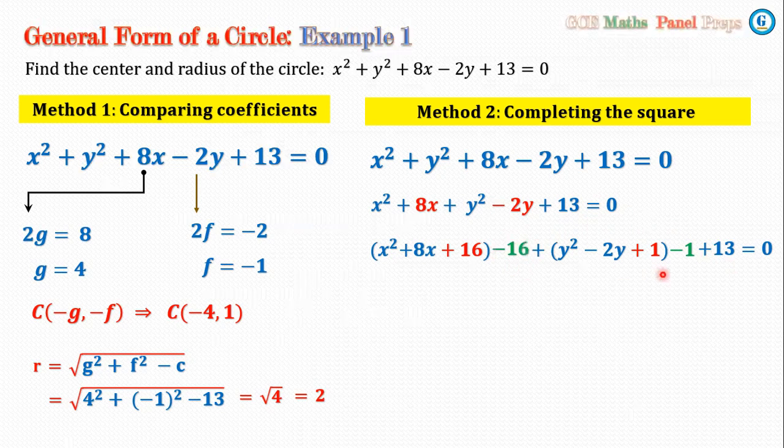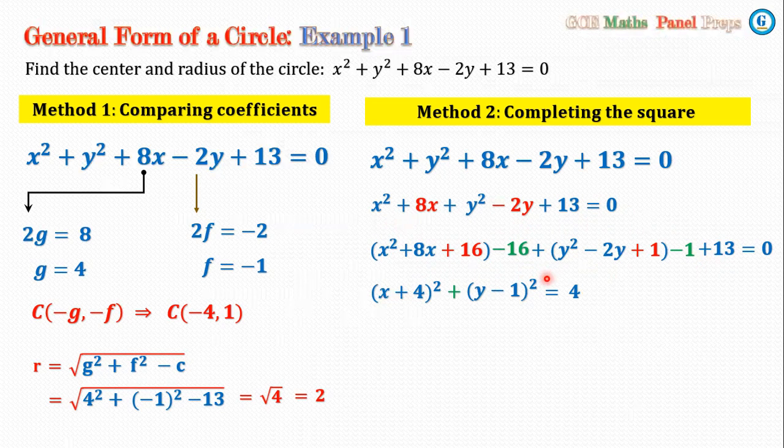Now all these terms outside the brackets, I can simplify them. So x squared plus 8x plus 16 is (x plus 4) all squared. And y squared minus 2y plus 1 is (y minus 1) all squared. I can bring minus 16, minus 1 plus 13. That gives me minus 4.